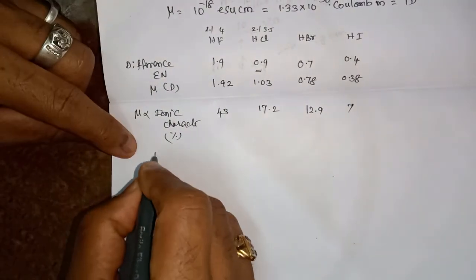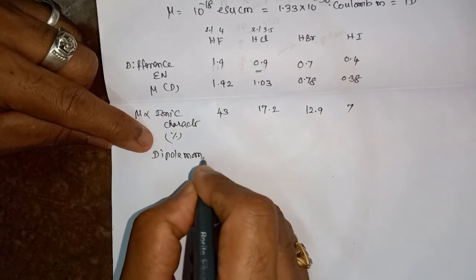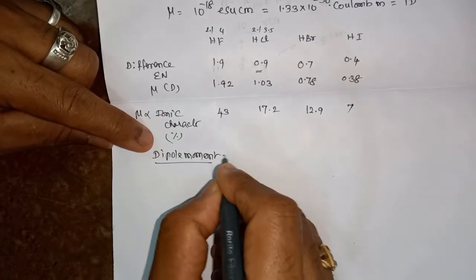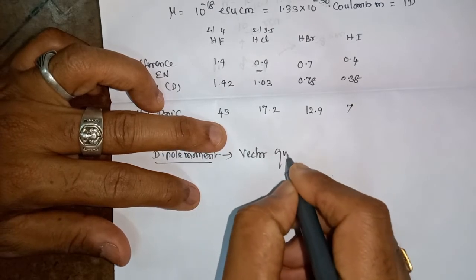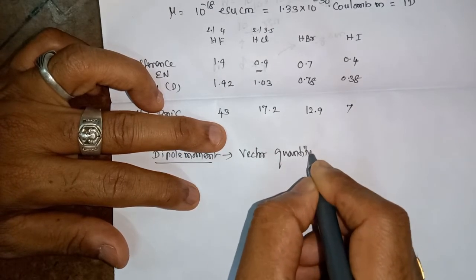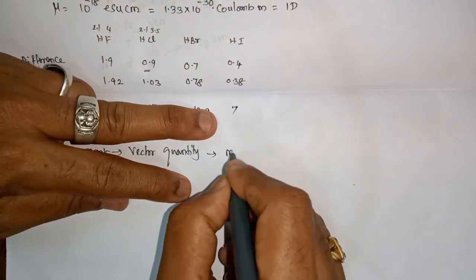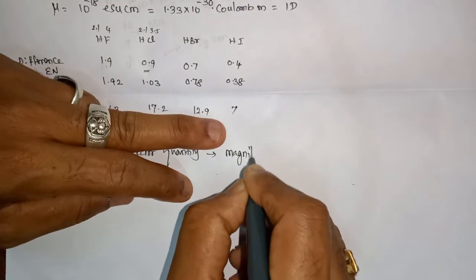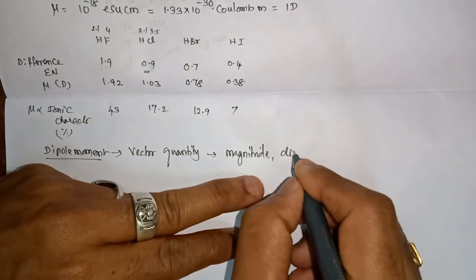Then I come to dipole moment. Dipole moment is a vector quantity, so it depends on magnitude and direction.